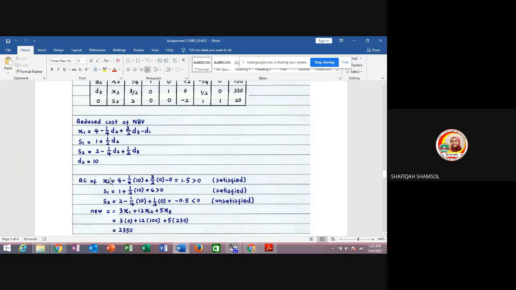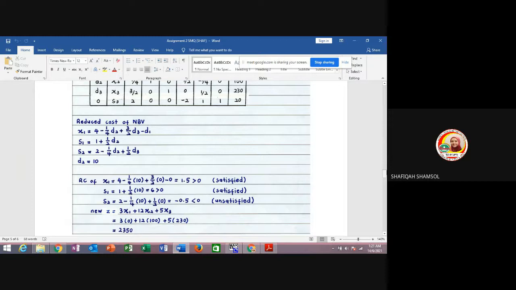After that, we substitute the value that we get here into the reduced cost. For x1, we get 1.5, which is greater than 0, so satisfied. S1 equals 6, greater than 0, satisfied. But for S2 we get negative 0.5, that is less than 0, unsatisfied.